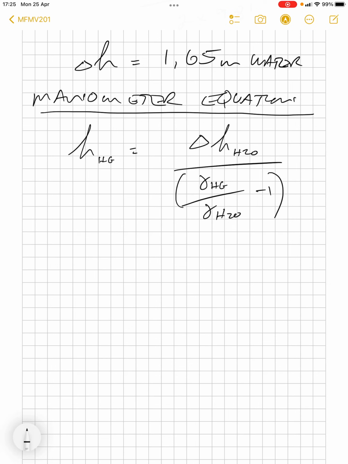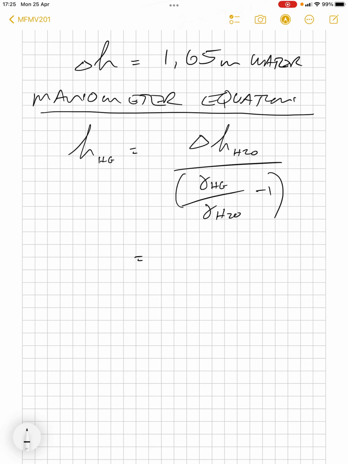So there's our manometer formula. We're converting due to the densities. What would the difference in height of a column of mercury be due to that head difference of water?